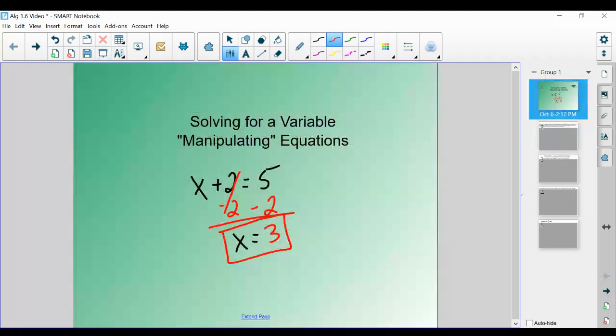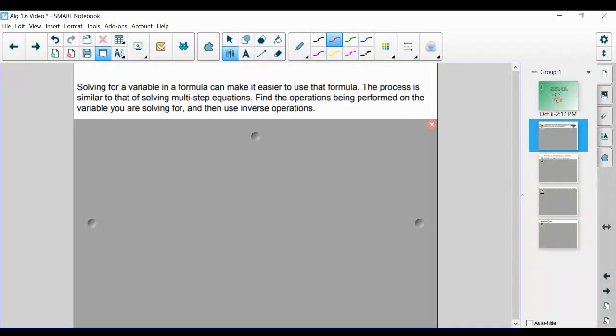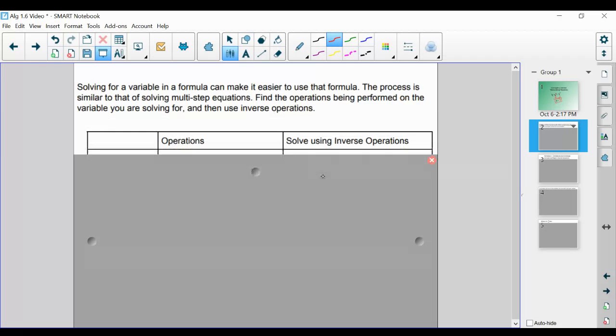Just like before, in this very quick example, we saw the variable was x and it was getting acted upon by adding 2. So we subtracted 2. We use the inverse operation. We're going to continue that general process, but now we're not going to be getting specific values. We're sometimes just going to be manipulating or rearranging certain terms within our formula.